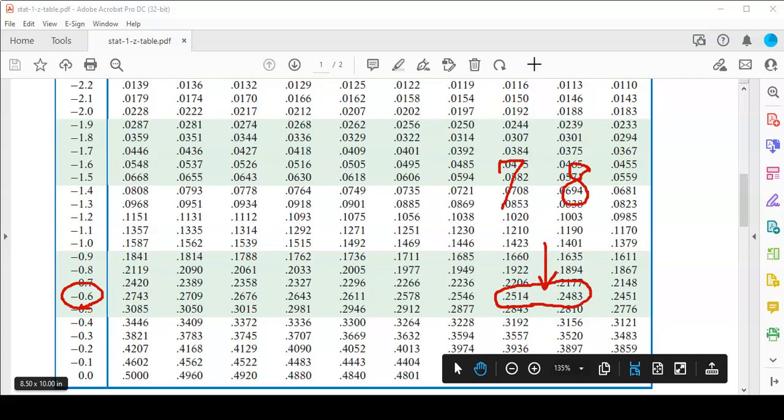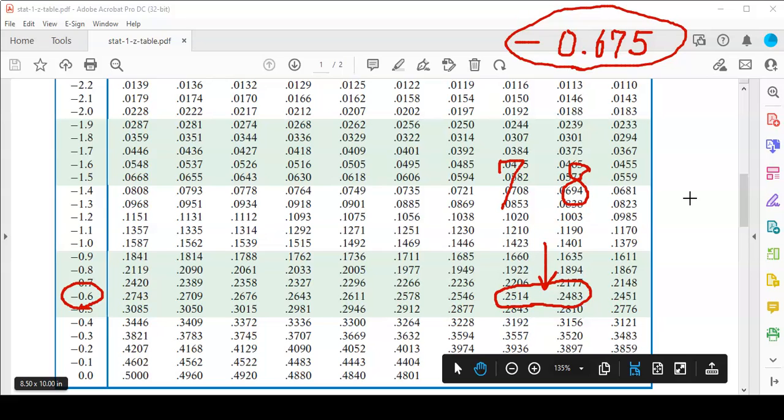So my estimation is negative 0.67 and then about 5, because you see 0.2514 and 0.2483 are very close. Somewhere in the middle will be my estimation. So that is my estimation for my z-score here.